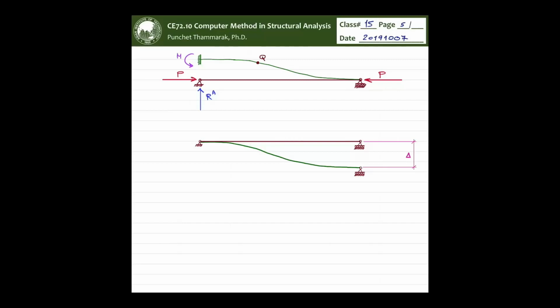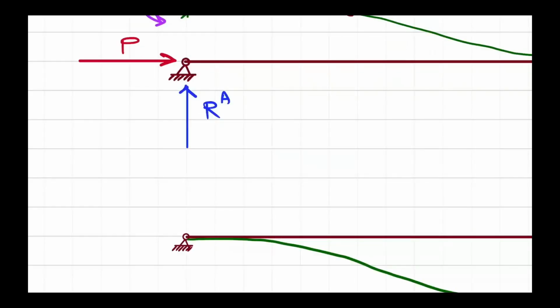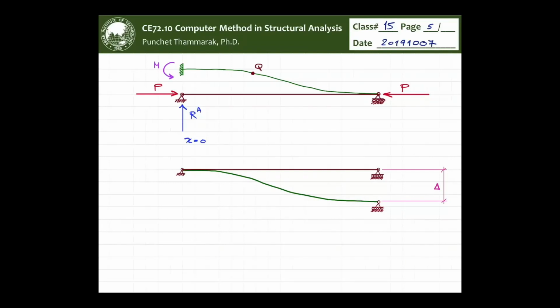The beam at this point, x is equal to 0 and x is equal to L at that point. The positive sense of x is towards the right-hand side, nothing changed. The positive sense of y is upward, it doesn't change.